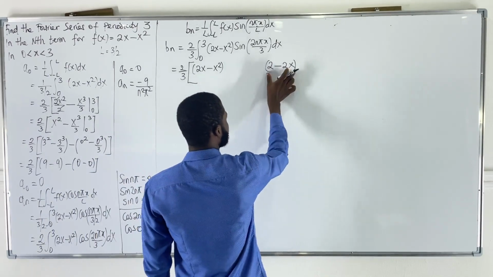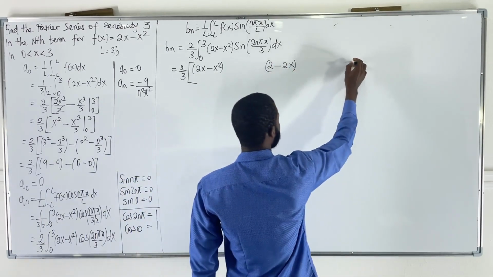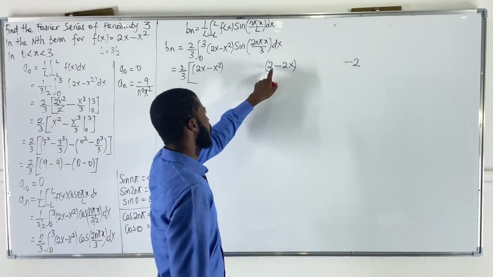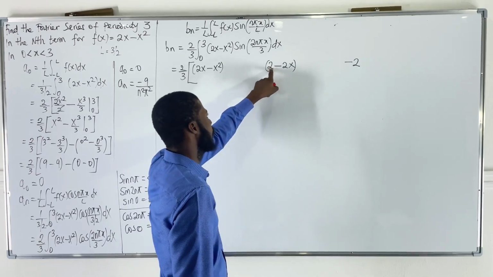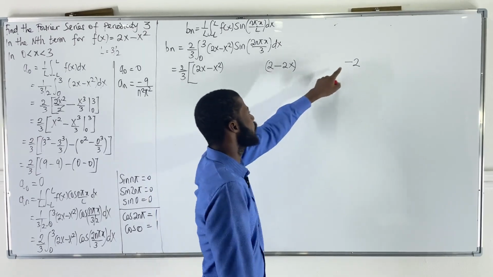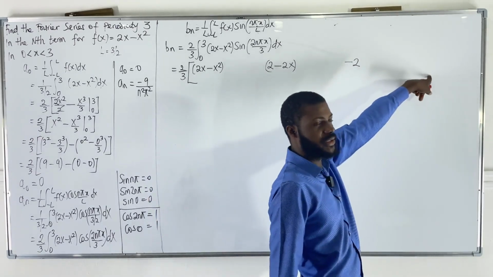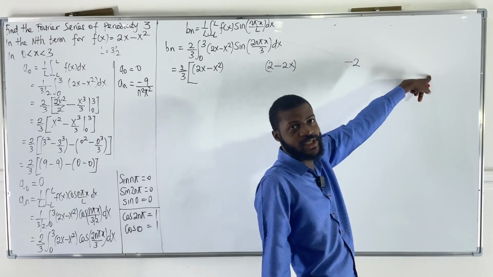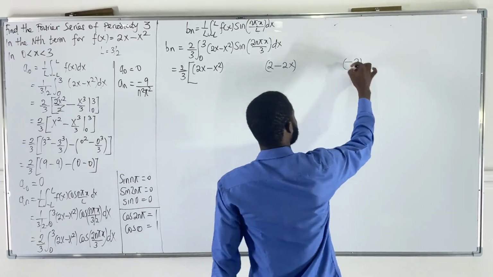Differentiate this answer again: you will get minus 2, because differentiating 2 gives 0 and differentiating minus 2x gives minus 2. Should we differentiate the minus 2 again? Yes, but we're going to get 0, so there's no need to do that.